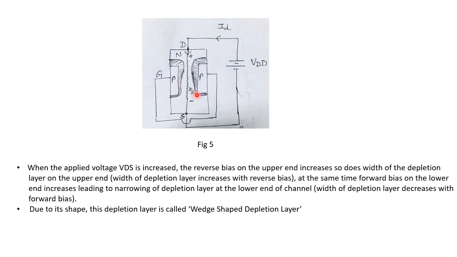Hence, the upper side of the depletion layer is swelled up, and the lower side has become narrower. So the final shape of the depletion layer is like this. The upper side has more width and the lower side has narrower width, and this special kind of depletion layer is known as wedge shaped depletion layer due to its specific shape, due to the presence of the biasing battery, that is VDD.